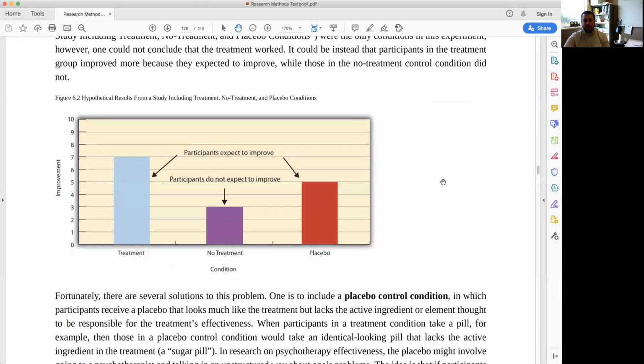You're giving them a sugar pill if it's a pill, or you're giving them some alternative that is not the thing they're actually testing and should not actually have any effect on the dependent variable. But we may see it because they just are expecting to have some type of improvement.